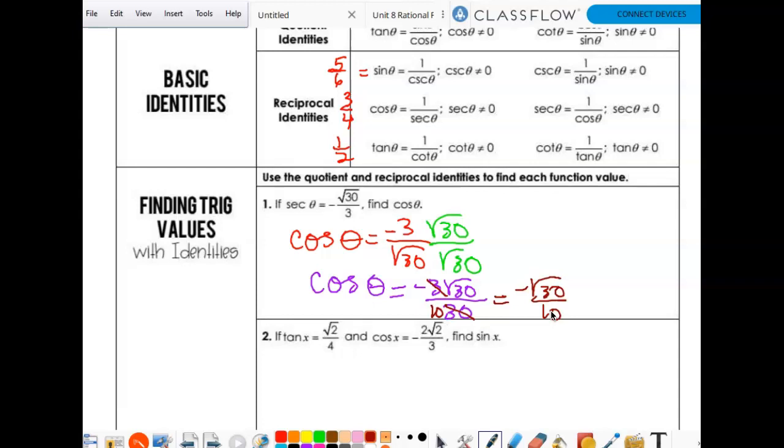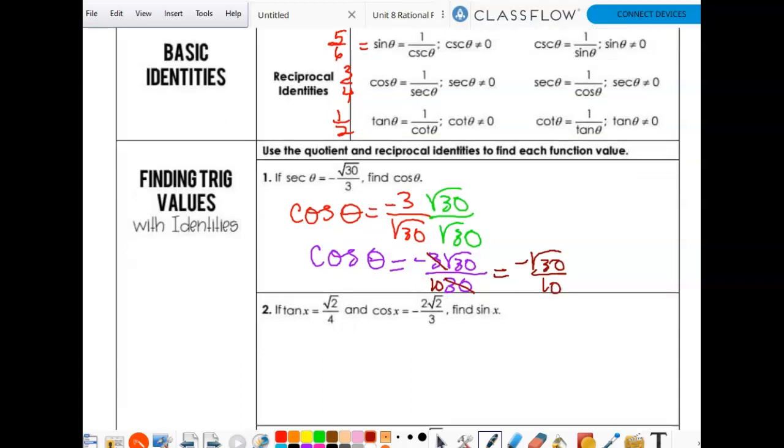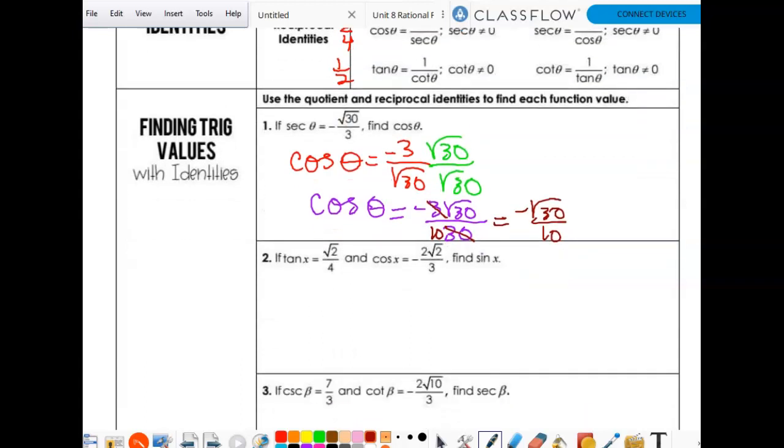Is that okay? Just flip. So the same would work if it said this was the cosecant and I wanted the sine. Flip. Cotangent, tangent. Just a flip. Okay? They're reciprocals.